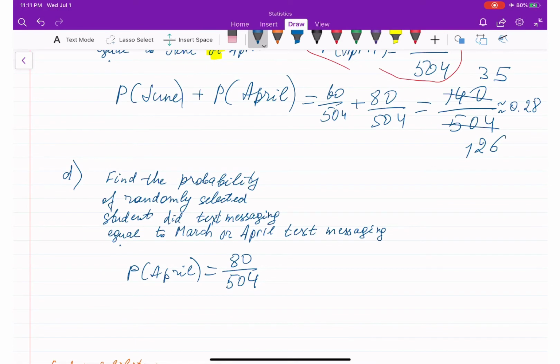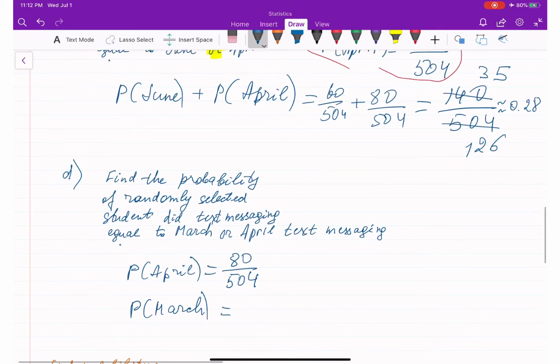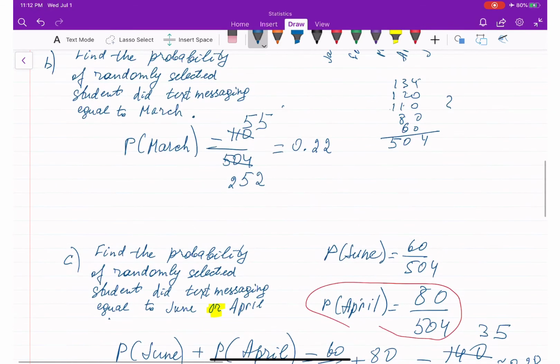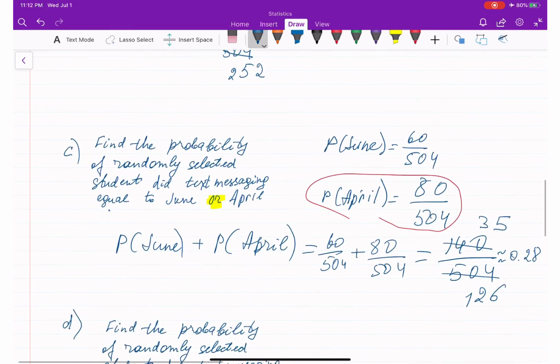Can we reduce? Well, let's try. No, let's keep it because it's easy to calculate. And then for March, how much do we have for March? Oh, 110 for March.